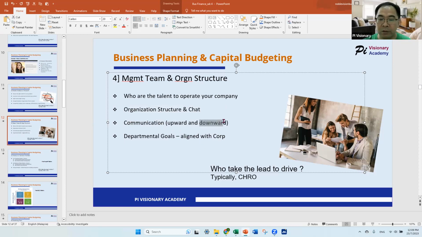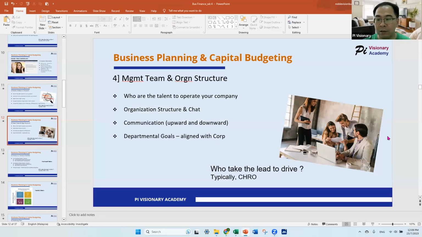Not only from the top management, but something from the floor, bottom up, is also important. Why important? Guan, why important? Sales have the most stories to share.